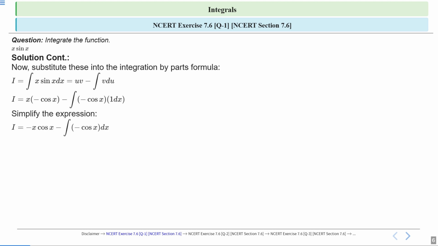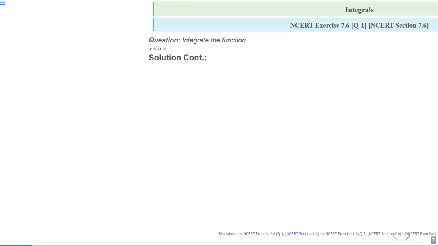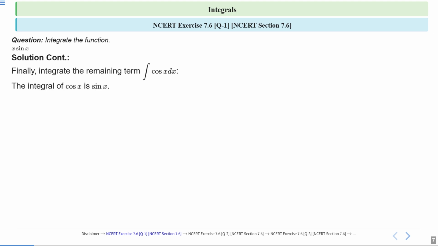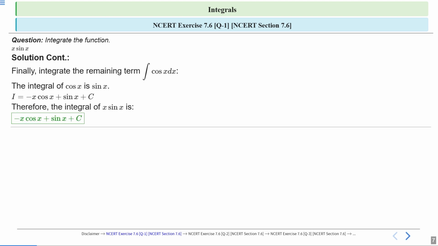When we simplify, it becomes minus x cos x minus integration of minus cos x dx. So it becomes minus x cos x plus integration of cos x dx, and the integration of cos x is sin x. So the final answer is minus x cos x plus sin x plus c. Therefore, the integral of x sin x is minus x cos x plus sin x plus c.